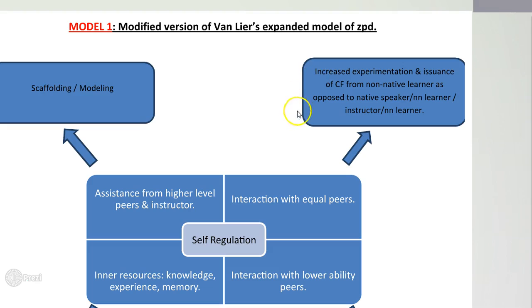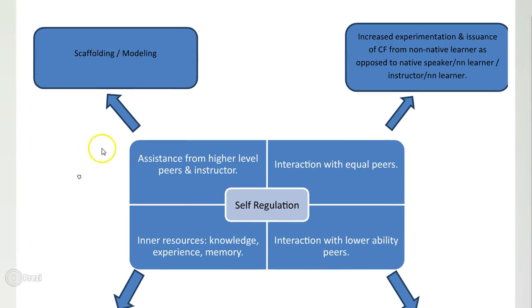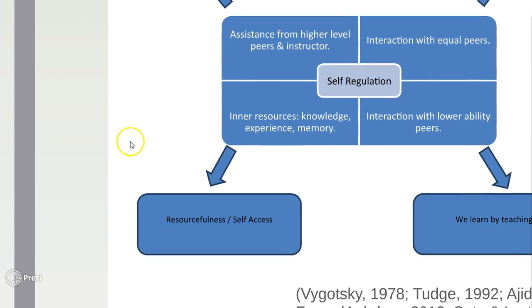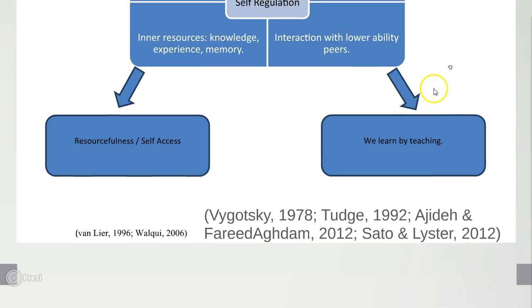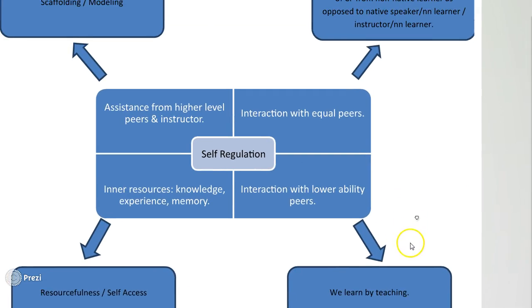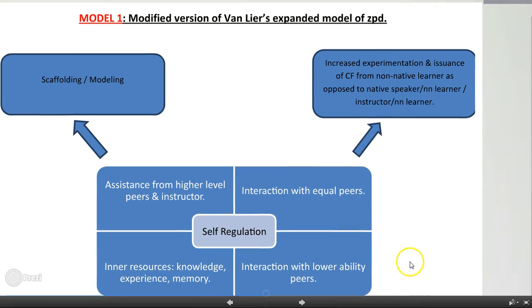Research suggests that this increase in corrective feedback delivery and the following experimentation occurs at a higher rate between 2 or more non-native speakers, as opposed to native speaker and non-native learner, or instructor and non-native learner.